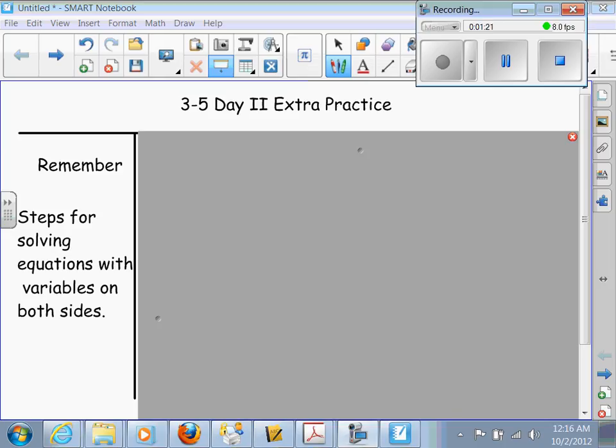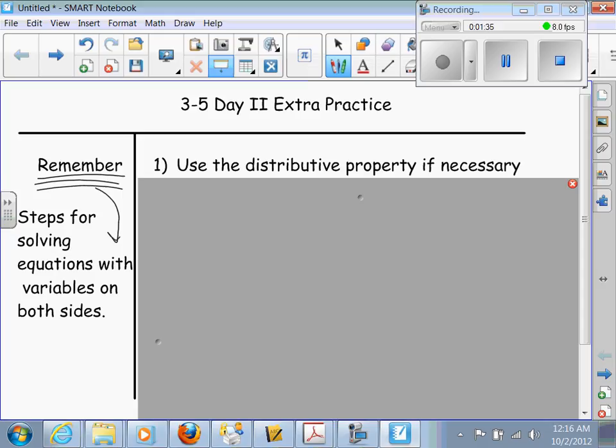All right, so 3-5, day 2 extra practice. A couple things that we have to remember. We went over this a little bit, but steps for solving equations with variables on both sides are as follows. The first thing that we want to recognize is when we have the distributive property. When we have the distributive property, we want to use it as much as possible.